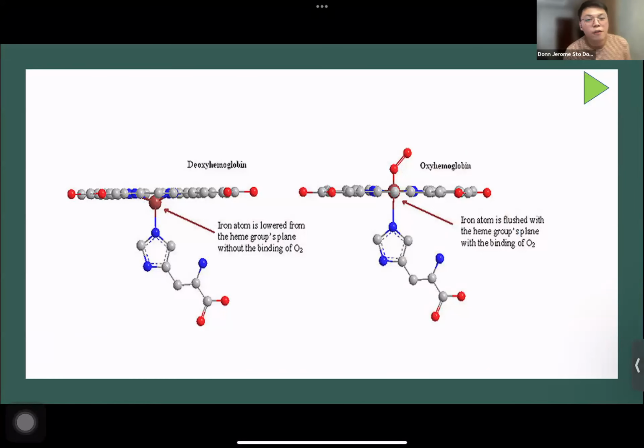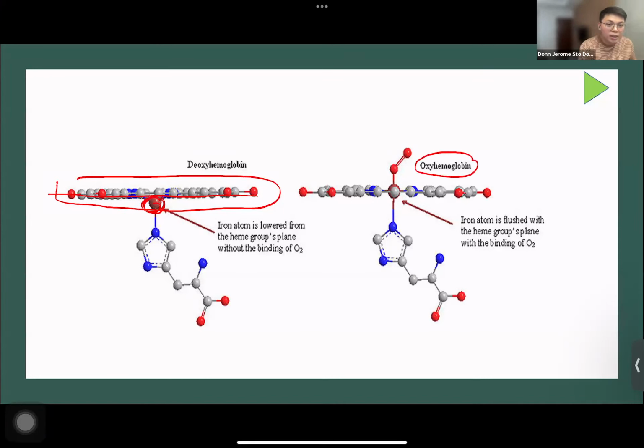Imagine it like this. For example, this is your heme. Diba? Ito yung heme. Para kang naka-side view sa kanya. This is the plane of your heme. What can you notice about the iron at the center of the heme? It is located somewhat lower in comparison to the plane of your heme. In the presence of oxygen, nakita nyo? Oxyhemoglobin. What happens to the iron? It lifts the iron to the same plane of your heme. What is the end effect?